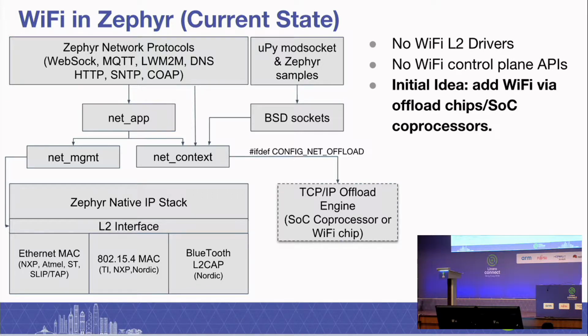So the original idea was that Wi-Fi would be added to Zephyr through this offload hook, through these offload chips like the TI SimpleLink chip and other chips. Through a hook called Vampire Tap, from the data plane net context APIs, hooking off into this TCP/IP offload engine. That was the original plan.